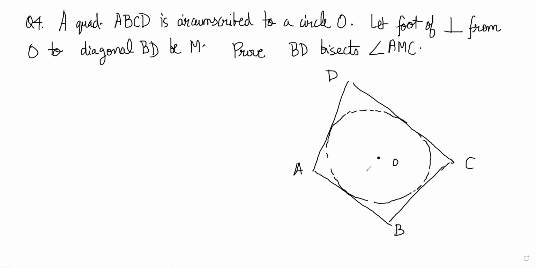Foot of the perpendicular from O to the diagonal BD. So diagonal BD will be like this. And foot of the perpendicular from here is our point M. This is the perpendicular from the circle center to the diagonal, right?